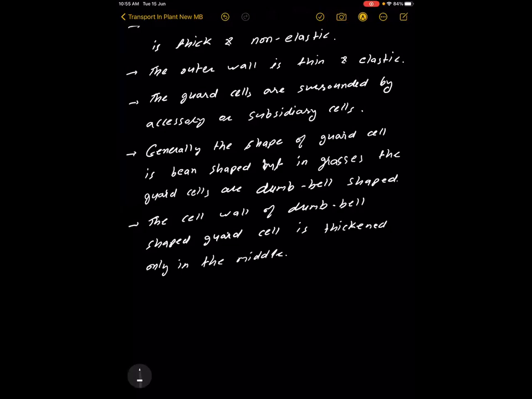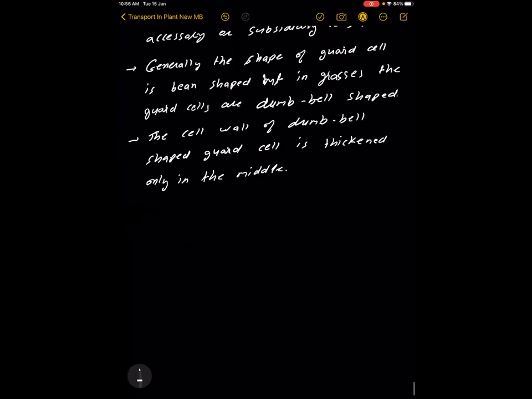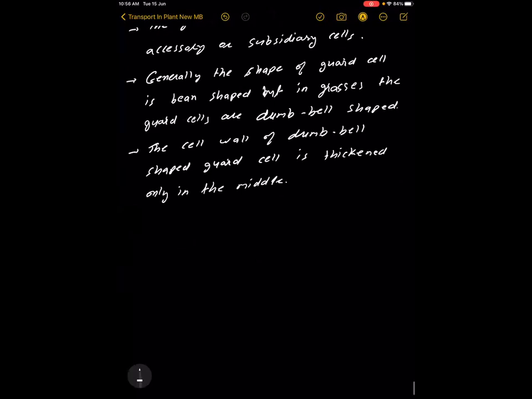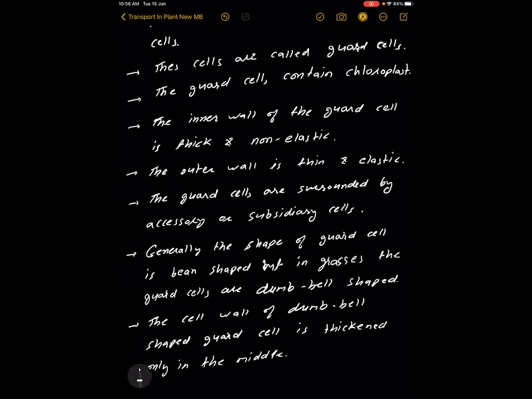So, sir, over here the outer wall is thinner. Outer wall is thinner in both cases. Outer wall is thin, inner wall is thick. So that at the time of entry of water, they are stretched.